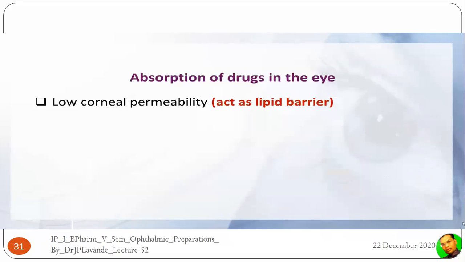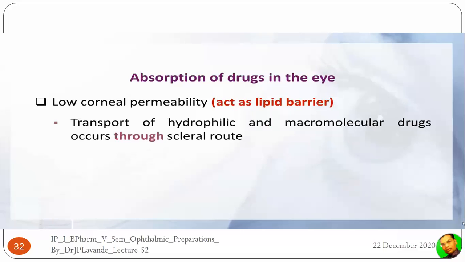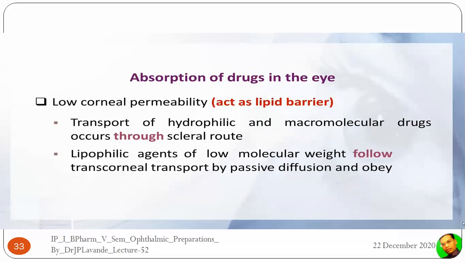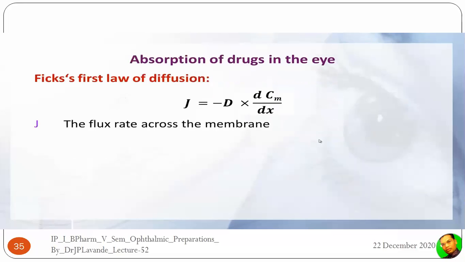Then we saw absorption in the case of low permeability as far as the cornea is concerned, where the lipid barrier is the condition. The hydrophilic macromolecules get absorbed through the sclera, and the lipophilic ones through the cornea.